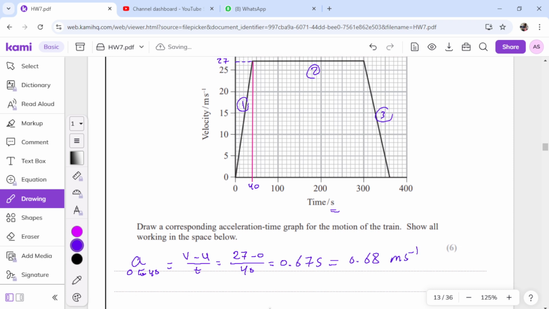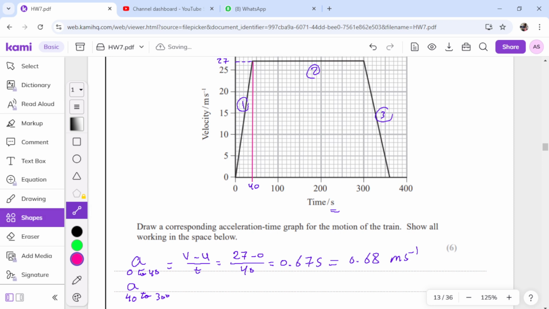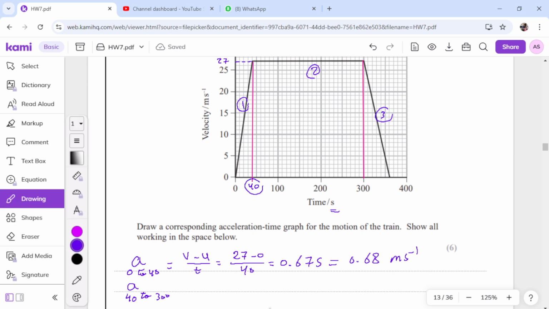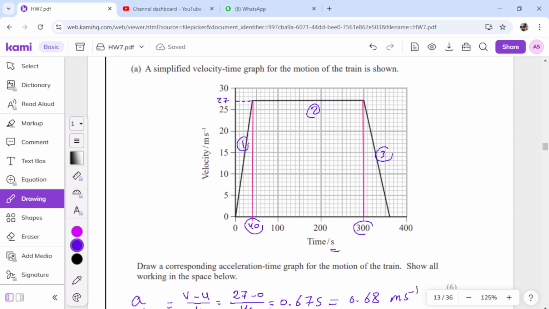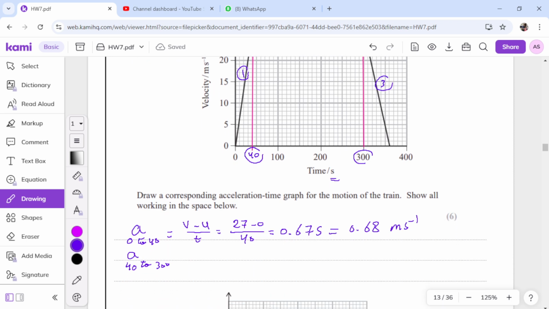In part 2, the acceleration is from 40 to 300. As you see, we have a constant velocity, so zero acceleration, because we don't have a gradient for this line. It will be 0.